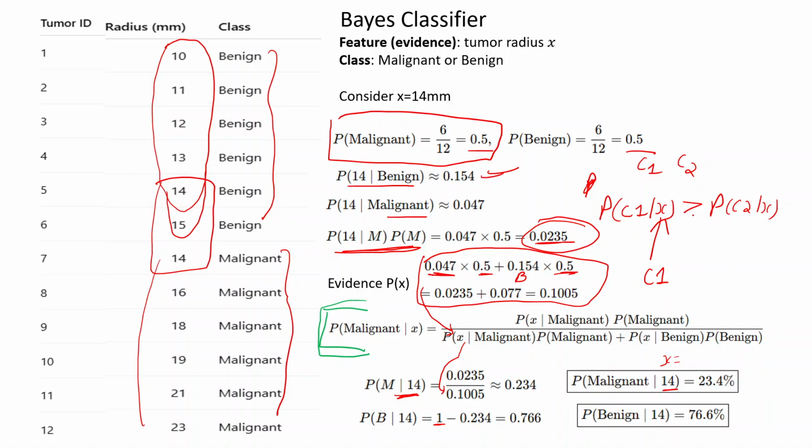Else, if this condition is not satisfied, then we will say the input feature X is going to belong to the class C2. That is what this is.